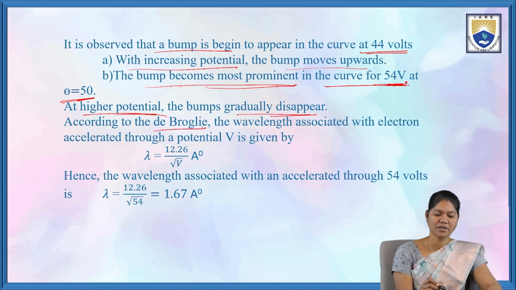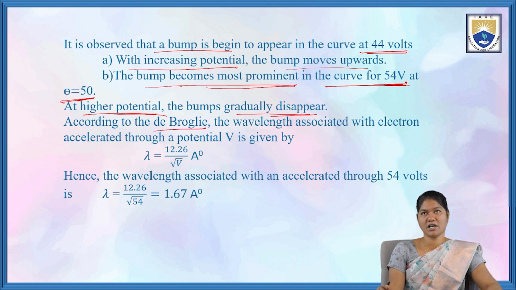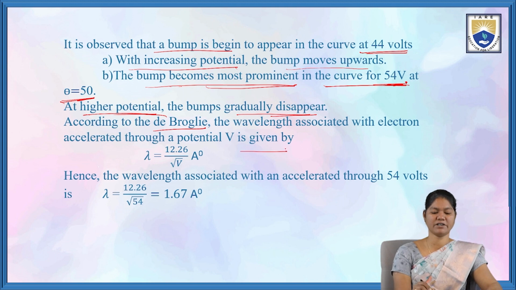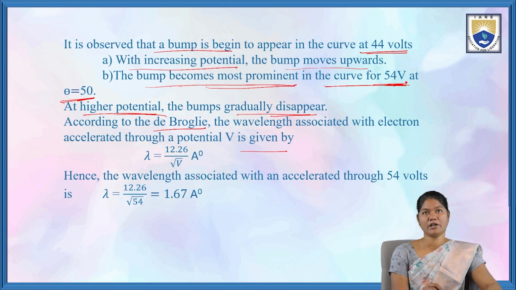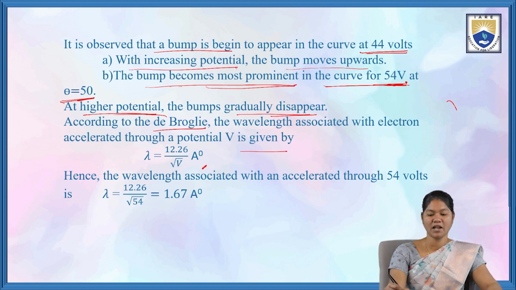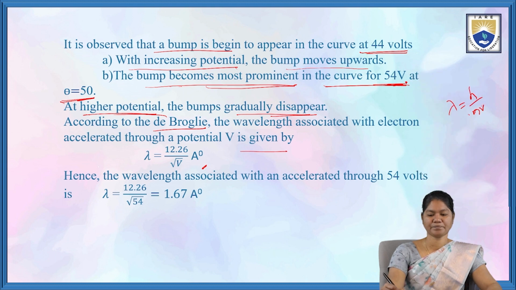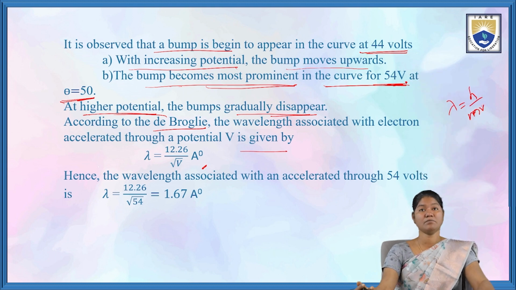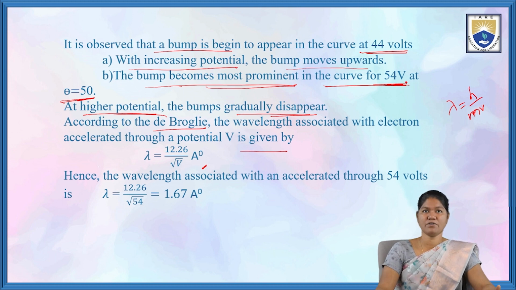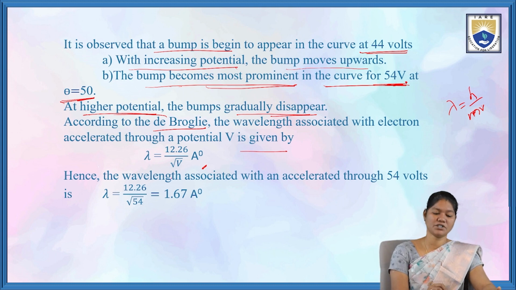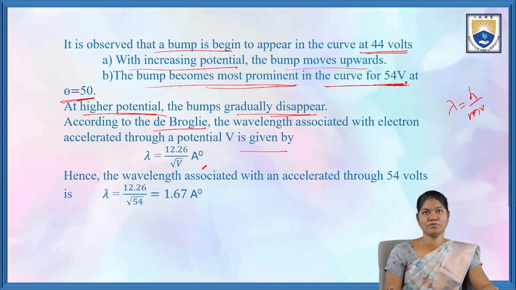According to de Broglie, the wavelength associated with an electron accelerated through potential V is given by lambda equals 12.26 divided by root V. We get this from lambda equals h by mv, and by taking the kinetic energy and potential difference, we derive the expression for the de Broglie wavelength of an electron accelerated through some potential.